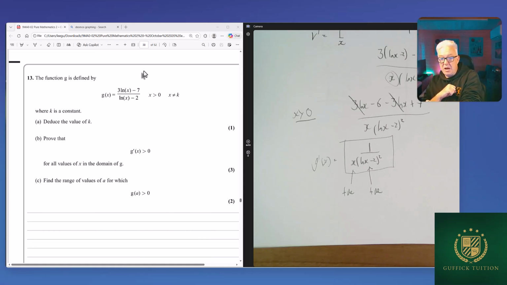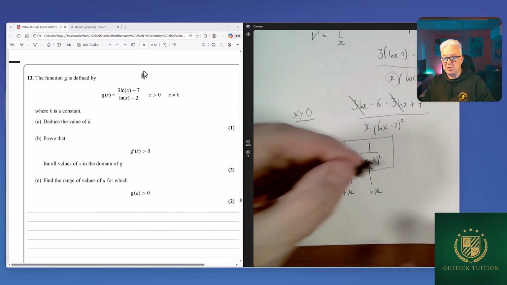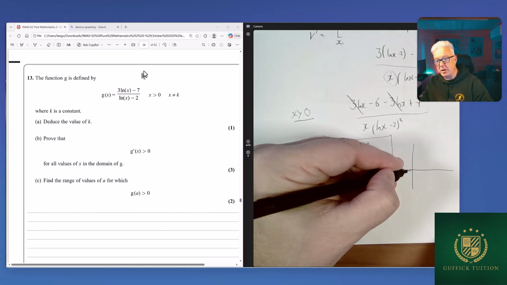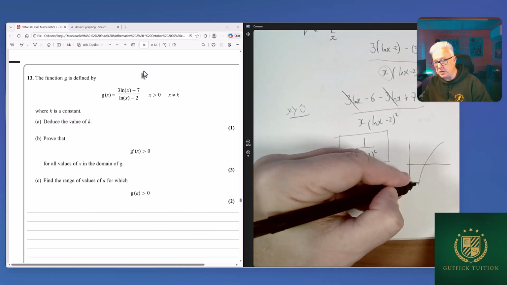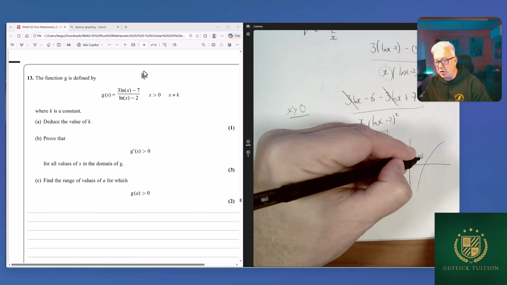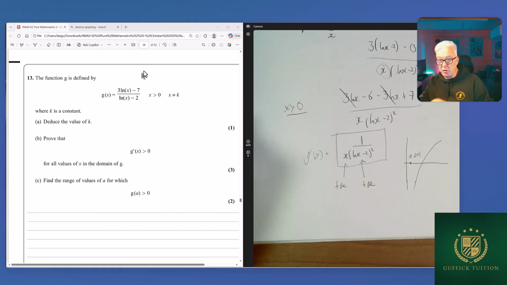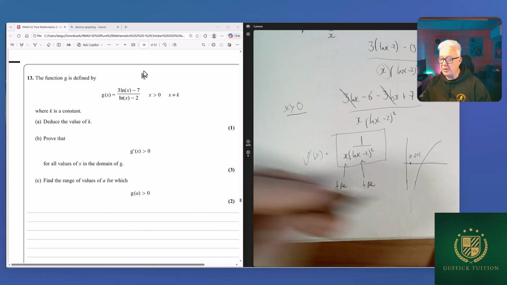Let's draw our graph of ln x and think about what's going on here. Here's our graph of ln x with an asymptote down here. Let's imagine we're at, say, x is equal to 0.01, and we do ln of 0.01. It's going to be quite a big negative number because it's going to be somewhere down here.